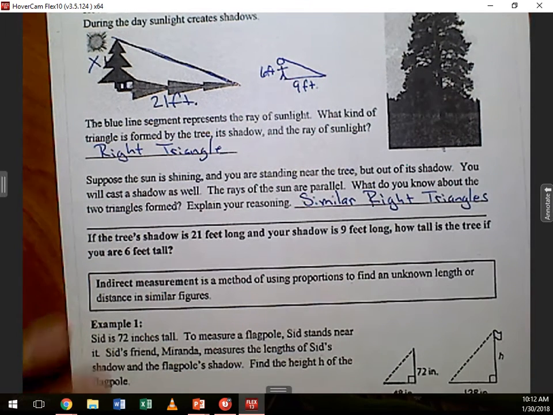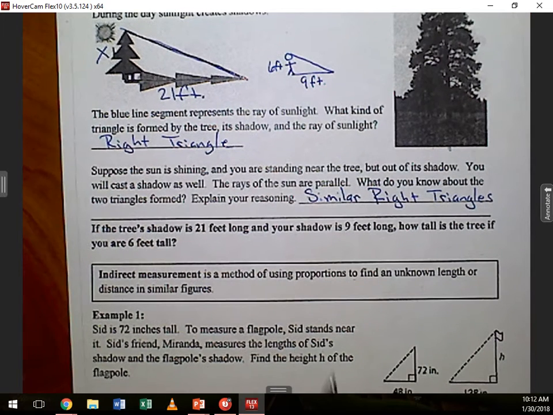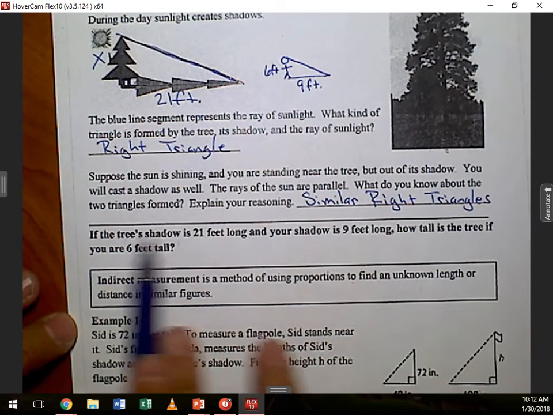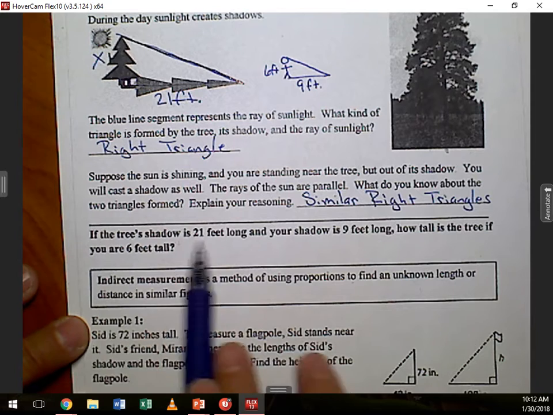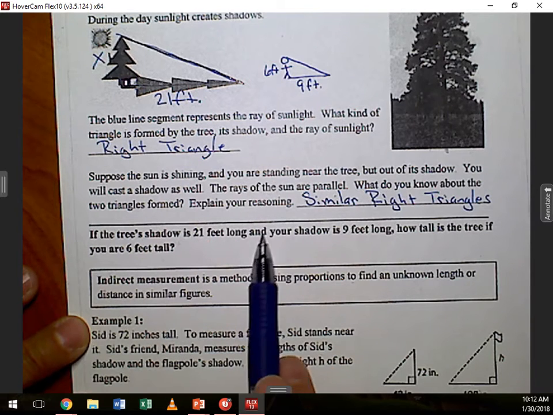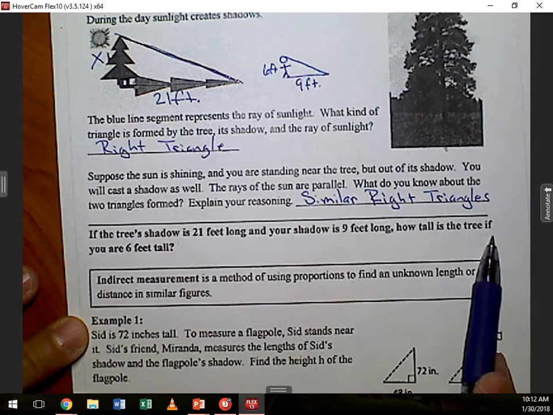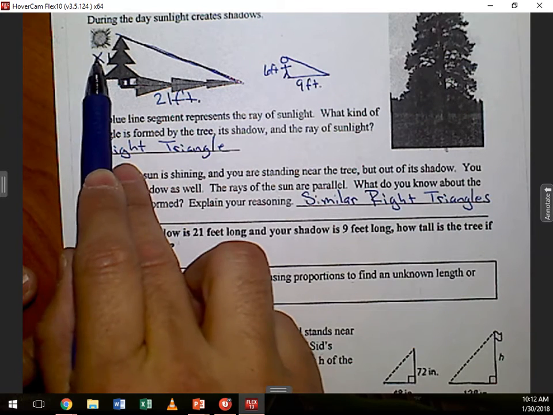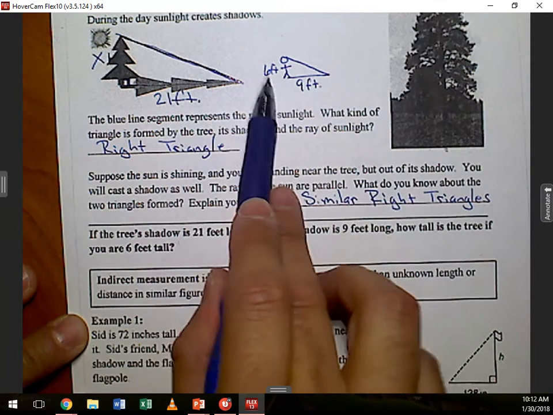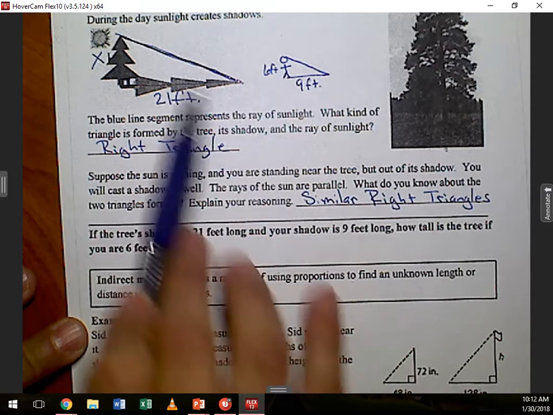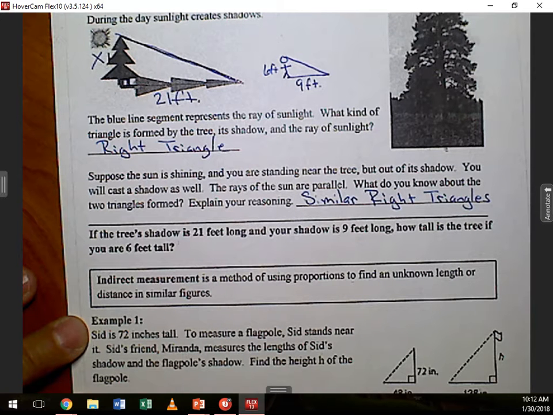Now I have my information that I pulled from down here. The tree shadow is 21 feet, your shadow is 9 feet, and you are 6 feet. How tall is the tree? I don't know. There we go, I have now set up some similar right triangles.